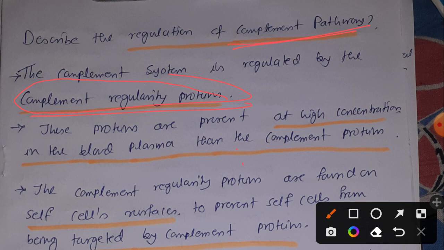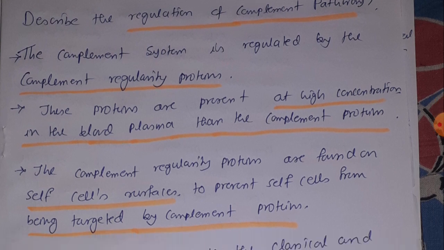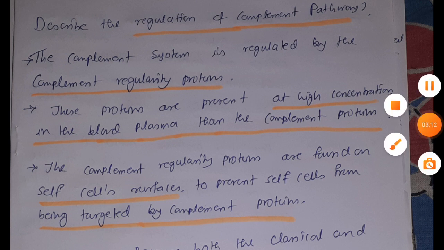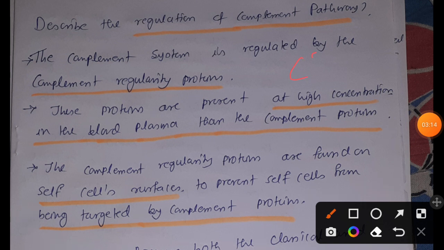Clear? So now if you focus on the classical pathway, alternative pathway or lectin pathway, if you somehow prevent the formation of C3b or regulate the amount of C3b, then your job is done. Because if C3b is not formed, C5 convertase will not form, right?